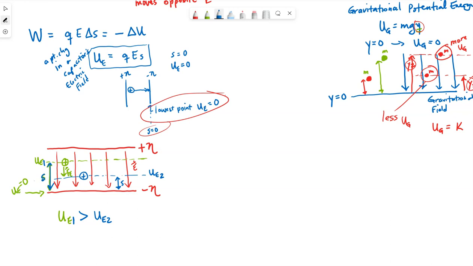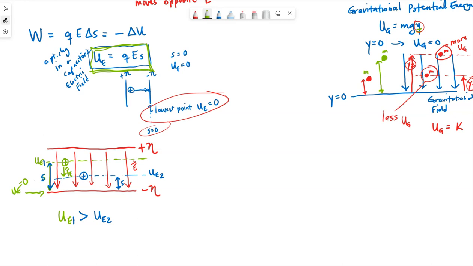So where the charge is located in the electric field is a contributing factor to how much potential energy the charge has. And that's what this equation up here is representing: the potential energy depends upon the charge itself, it depends upon the strength of this electric field, and how far away the charge is from that negative plate.